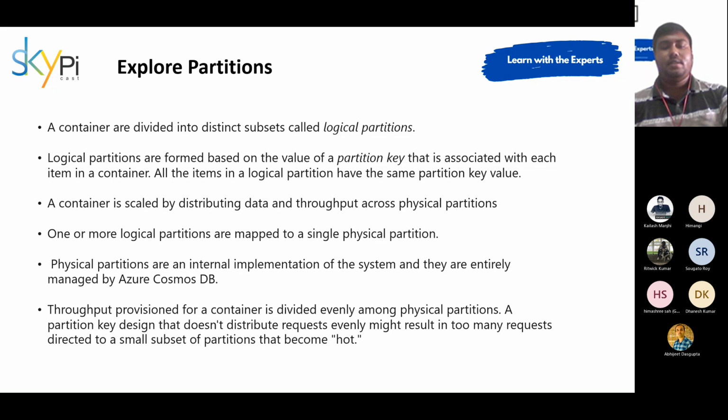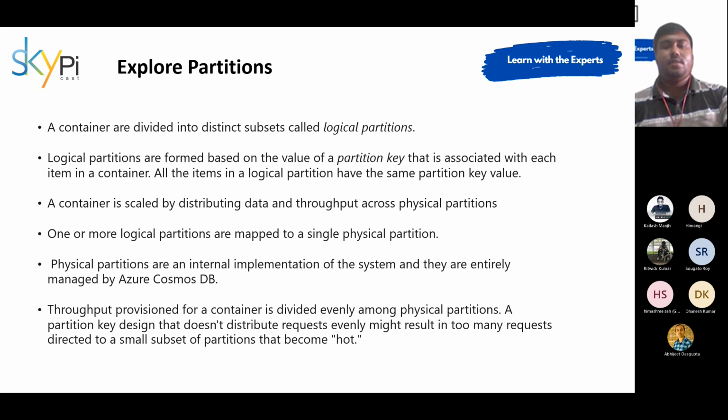And a partition key design that doesn't distribute requests evenly might result in too many requests directed to a small subset of partitions that become hot. So if we don't logically divide partitions in the right way, and we get too many requests for a single partition, we have to see how the requests will be made for our data.